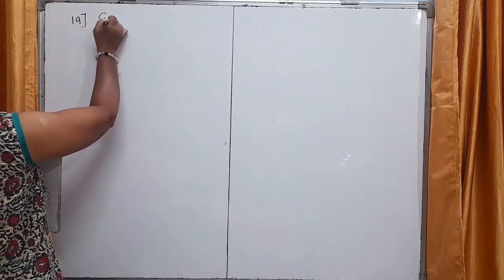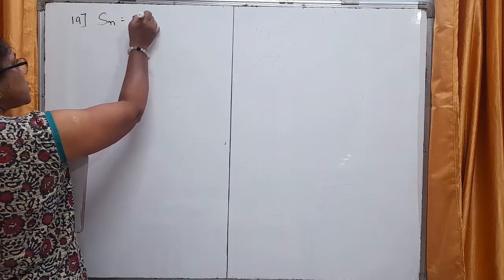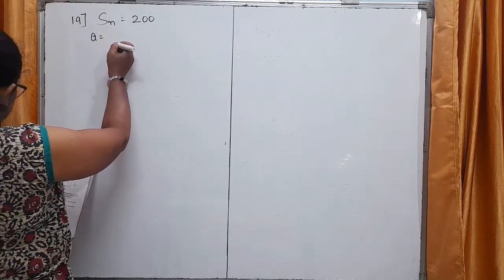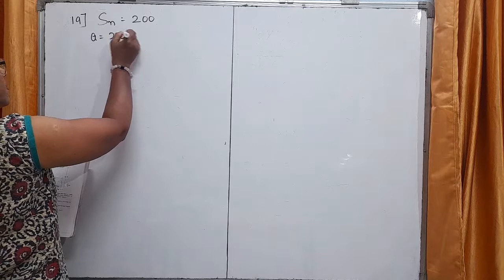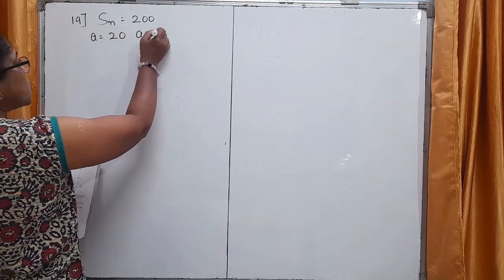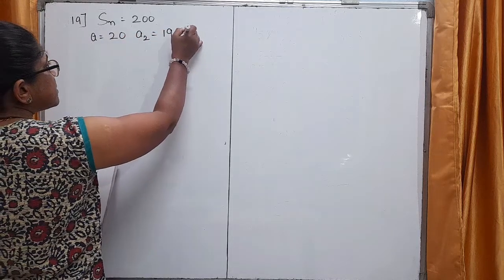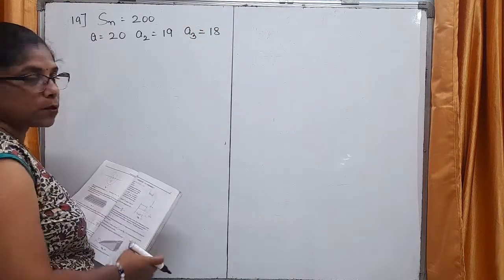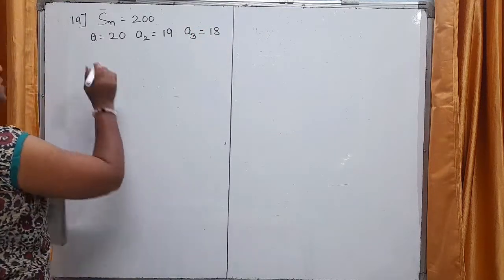So here Sn, the sum, is 200. The number of logs in the first row is 20. Then in the next row it is 19. In the third row it is 18, and so on. So what does this mean?